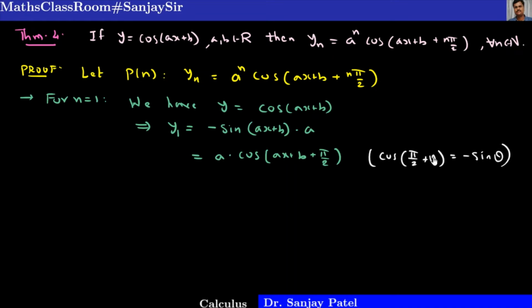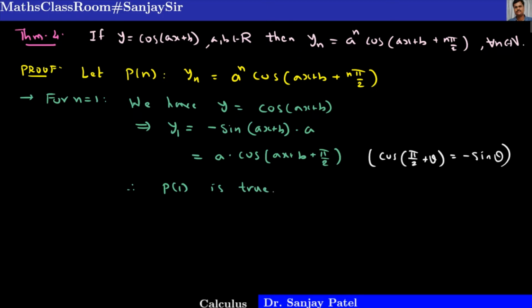Because pi by 2 plus theta is in the second quadrant where the cos function is negative, so we get minus sine theta here. So this says that P1 is true, therefore P1 is true.